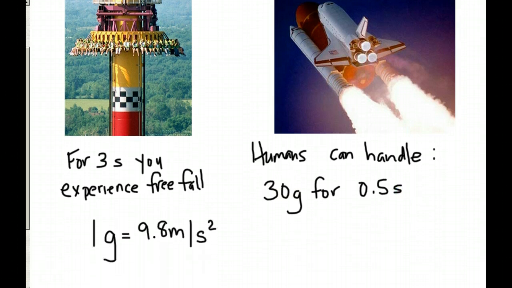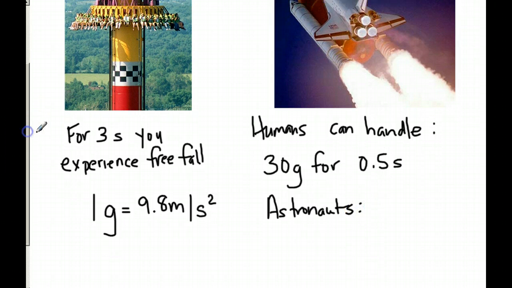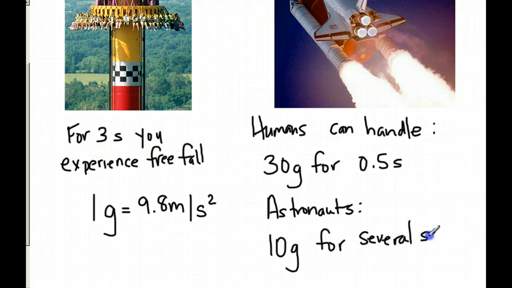Now to put into perspective what an astronaut goes through, when astronauts are taking off, during takeoff, they can experience up to 10 Gs for several seconds. Now think about what effect that might have on their bodies, their blood flow, their organs.